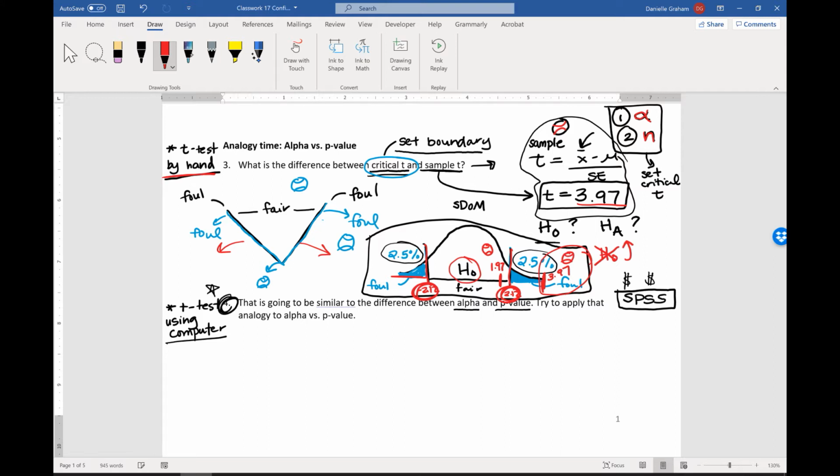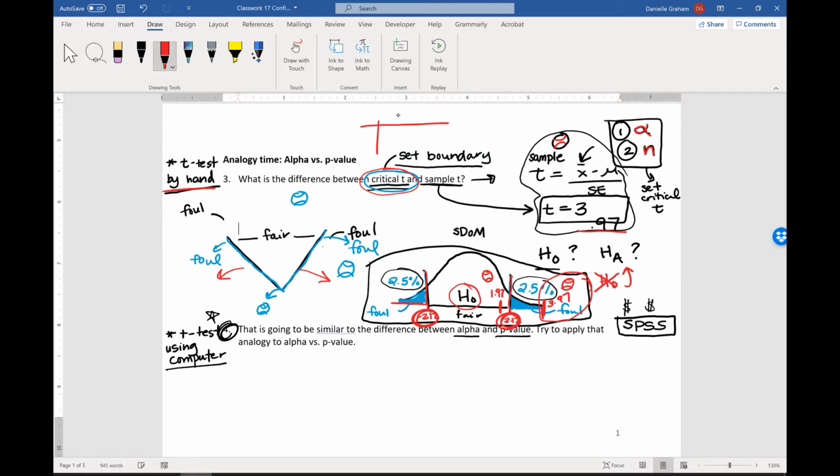And the critical T we get by either looking it up in a table. And again, the table will be set up so it has different alpha levels at the top.